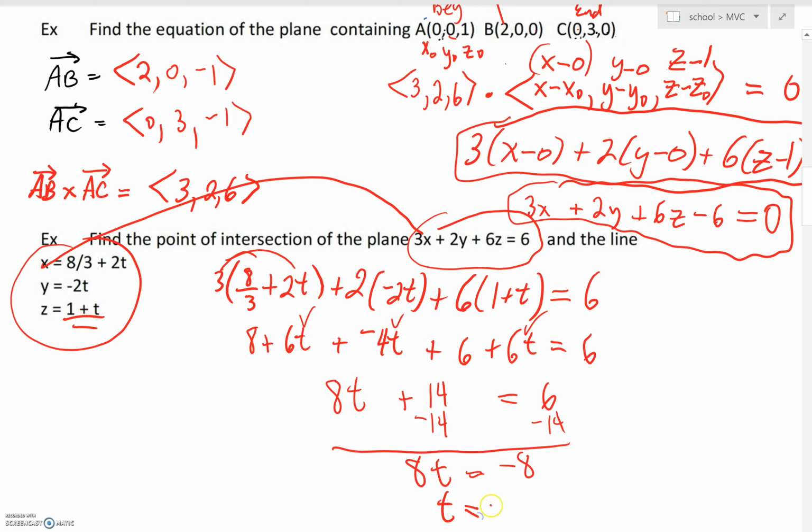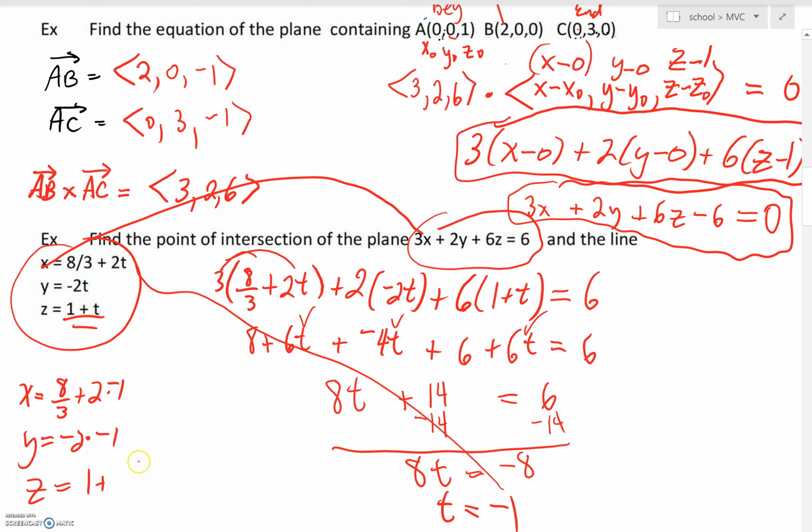Now we're asked to find the point of intersection, so what we can do, honestly, is just take this t value and substitute it back in. Well, say this is 8/3 plus 2 times negative 1. Y is going to be negative 2 times our t value of negative 1. Z, we've got 1 plus, well, our t value is negative 1.